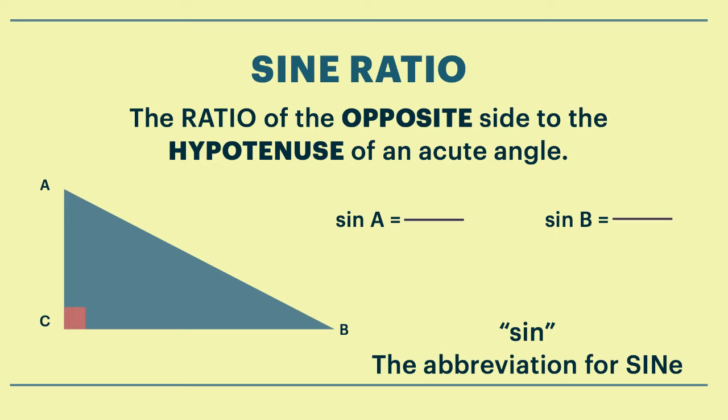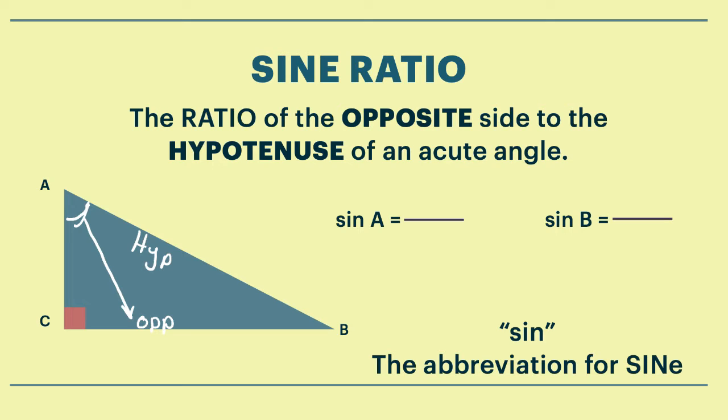So, for example, if I want the sine of A here, angle A is up here, and now we want the ratio of the opposite to the angle. Opposite is still the same thing it's always been, opposite it, relative to A, over the hypotenuse. The hypotenuse doesn't depend on the angle. It is always the same thing.